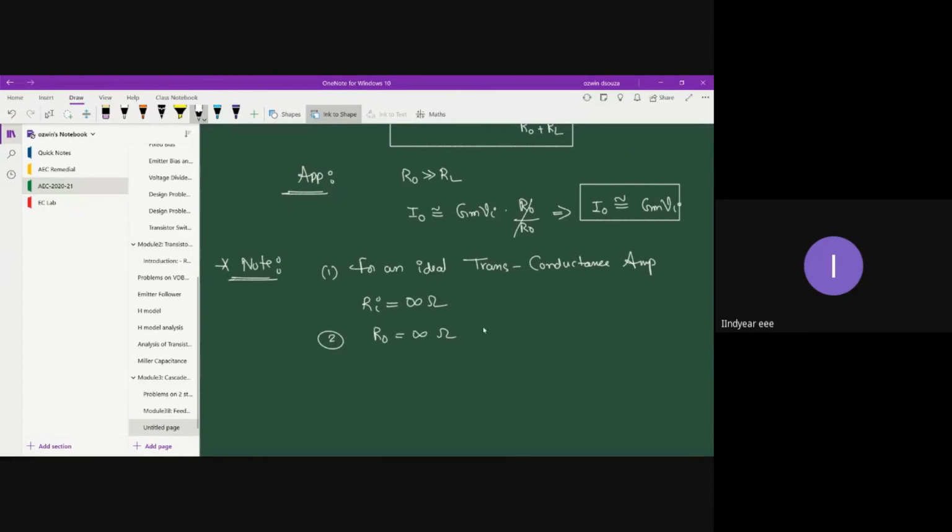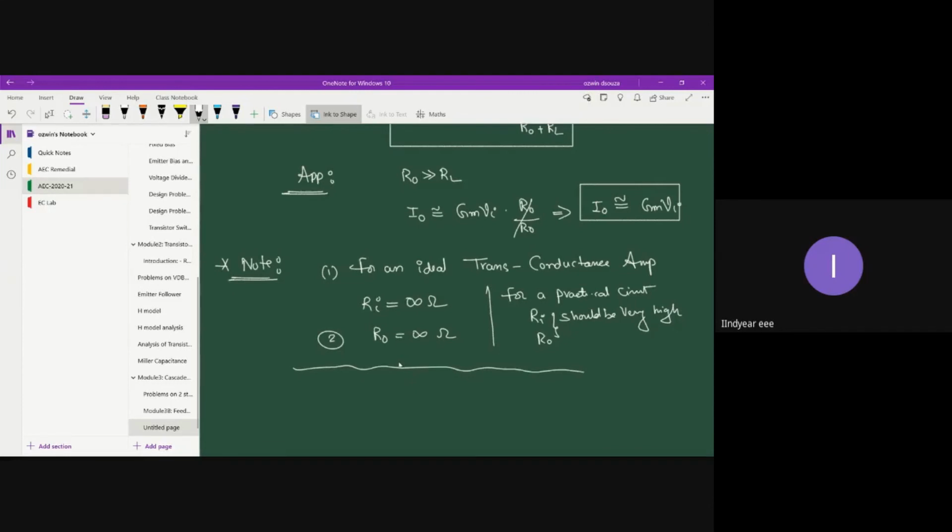On the other hand, for a practical circuit, Ri should be very high, and R0 should also be very high. So put together, I can write it.